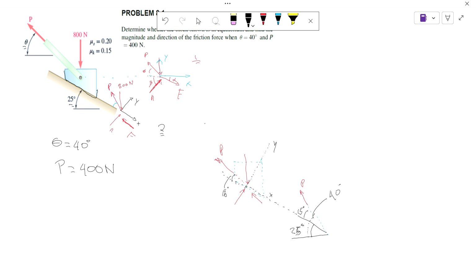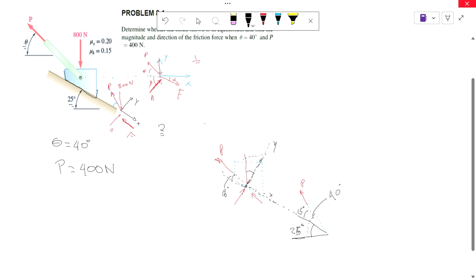And if you notice, x and y obviously are perpendicular, therefore we have 90 degrees. So we should be able to see what is our angle right here. This is 25.